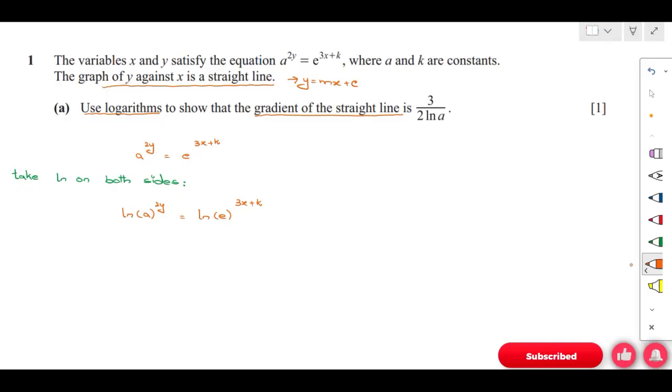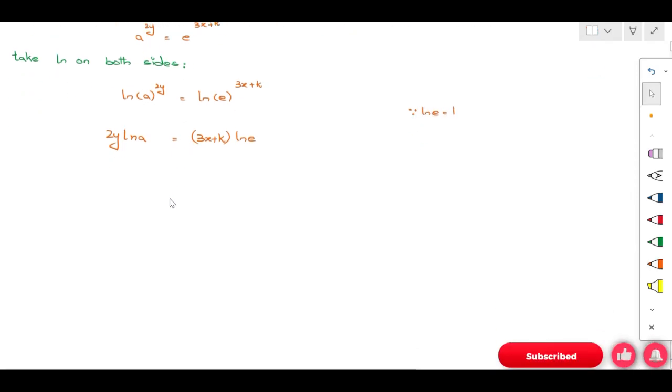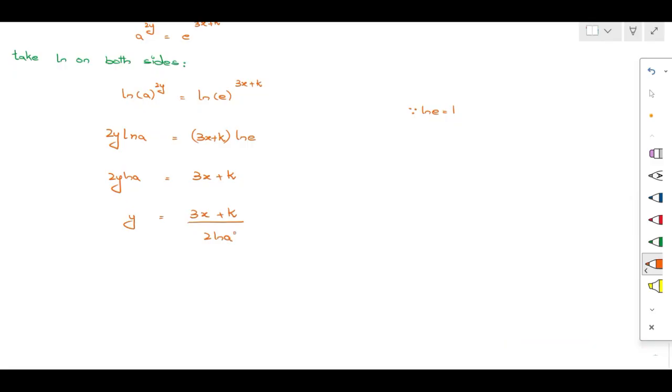Now use a property of log, so this power comes before the log. 2y natural log of a equals 3x plus k times natural log of e, and we all know that natural log of e is always equal to 1. So 2y natural log of a equals 3x plus k. Now y would be equal to 3x plus k, everything divided by 2 natural log of a.